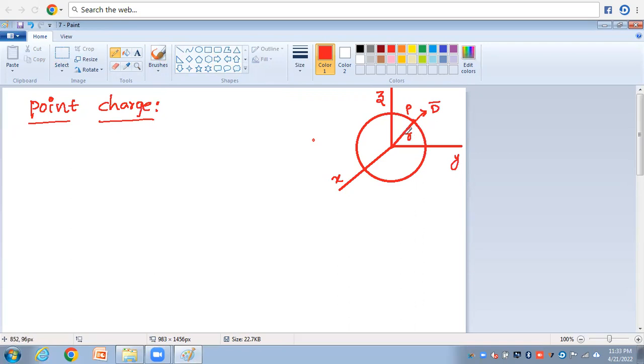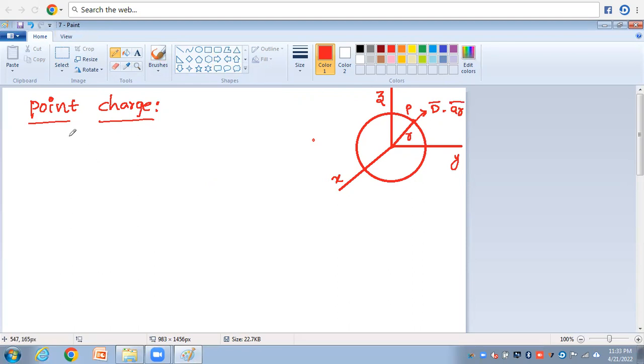Now here, considering the complete surface, D bar dot dS. Since D bar is everywhere normal to the Gaussian surface, in any direction you can write D bar dot a r bar.